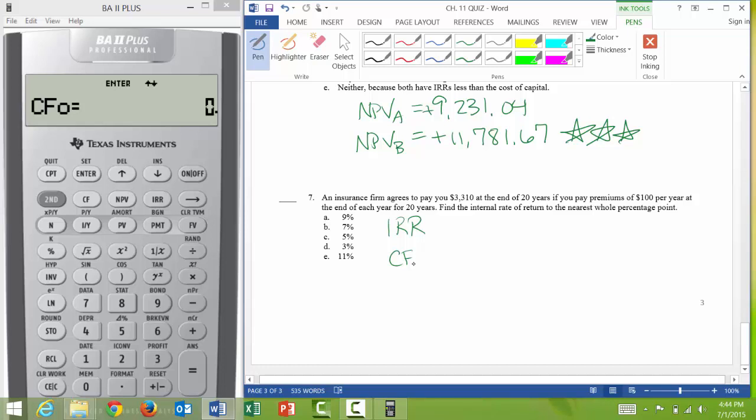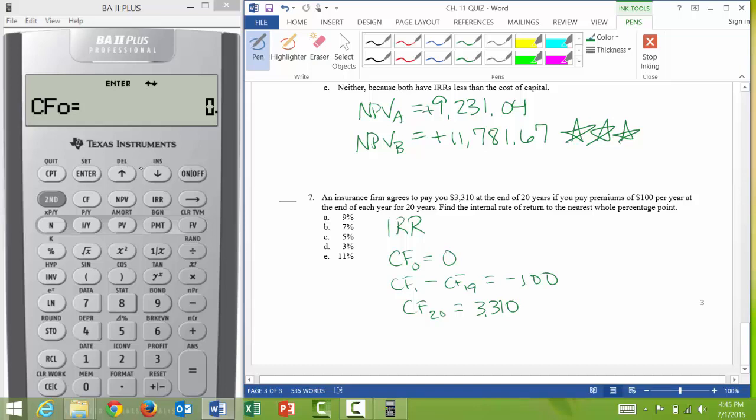So cash flow 0 is going to be 0. Cash flow 1 through cash flow 19 will be negative 100, and then cash flow 20 will be $3,310, and then I'll get the IRR.